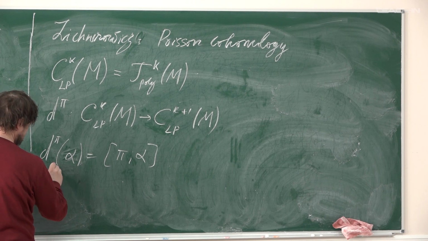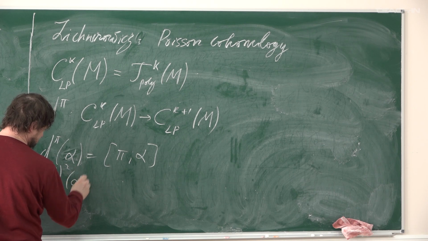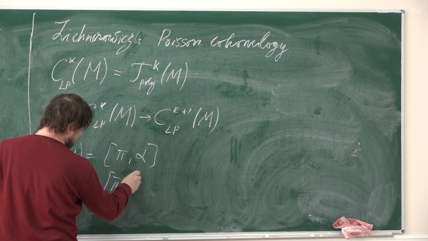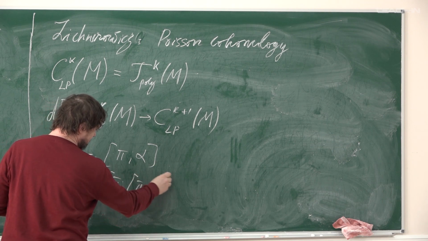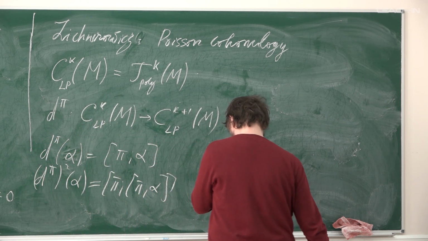Okay. So let me then write down the claim that d_pi squared is equal to 0. So to this end, we just compute this. Pi, comma alpha. And since I don't remember the signs, I'll look into my notes.